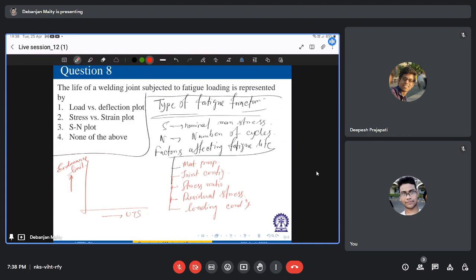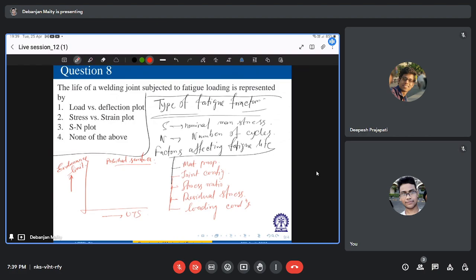What is seen is that if you talk about UTS and fatigue endurance limit, when you have a polished surface, your endurance limit value will be about half of the UTS value, right?